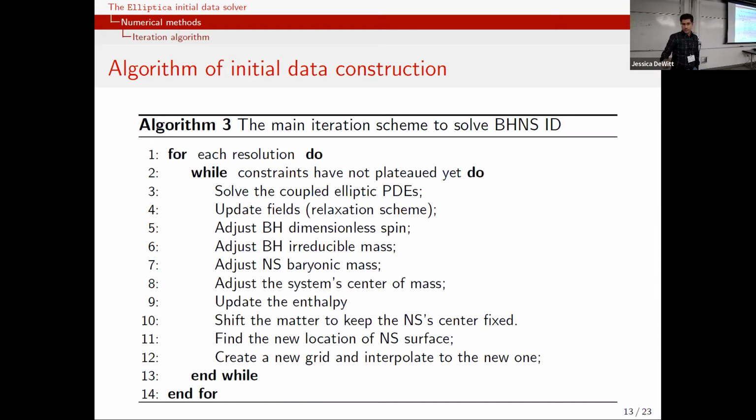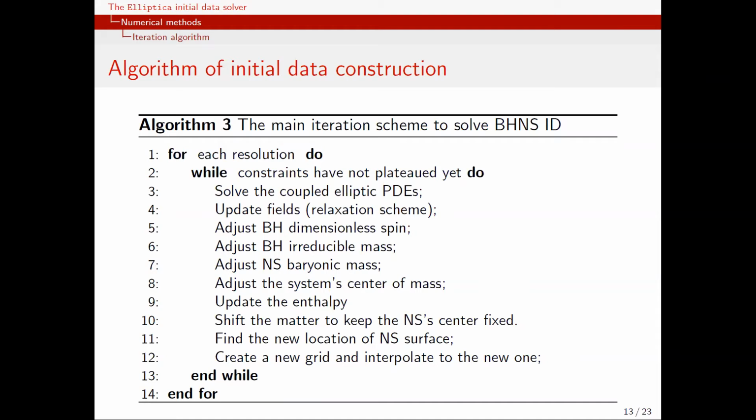Then we update the enthalpy, and by that time, maybe the neutron star center has drifted. So you should bring the neutron star back to a specific point, and then you should find the new surface of the neutron star, because when you update enthalpy and all of the other fields, as I said, because of these tidal forces, the surface also changes.